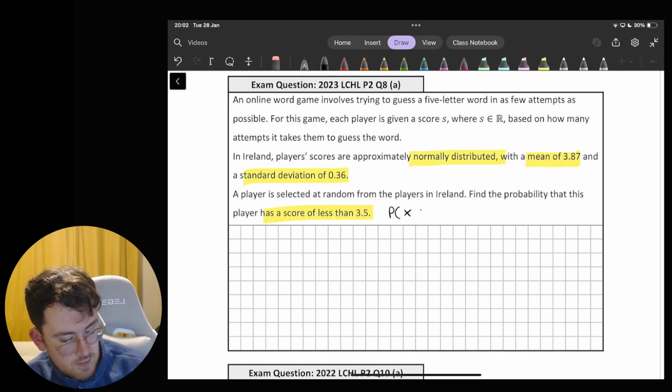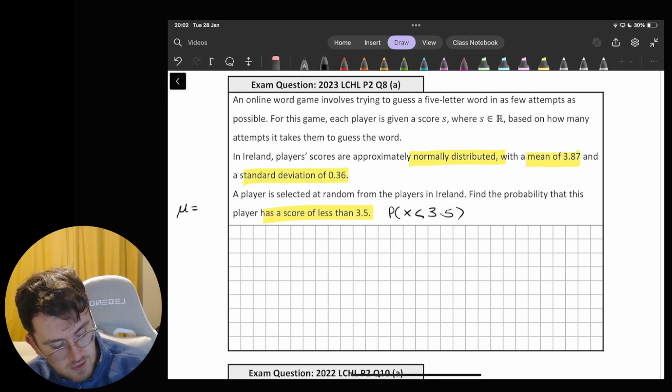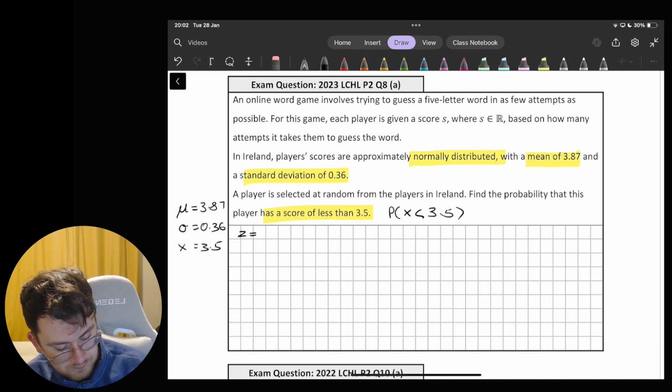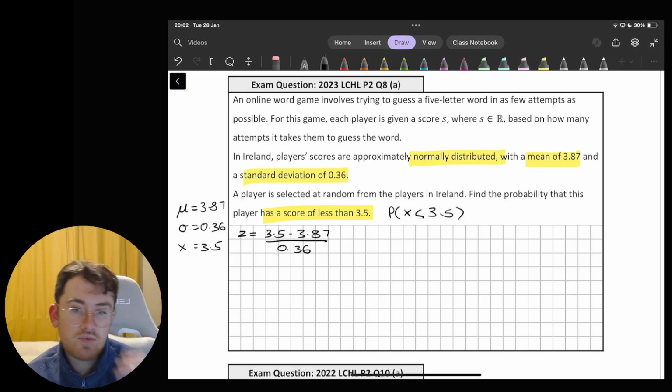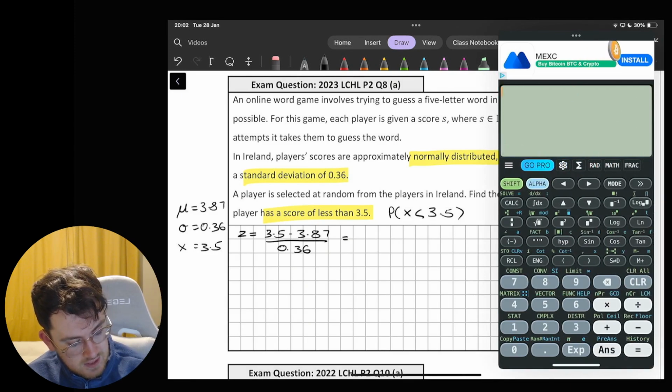So we want the probability that if I pick a person, their score is less than 3.5. We need to convert that to a Z score. Looking at my Z values, I need my mean, which is 3.87, my standard deviation, which is 0.36, and my X value, which is 3.5. Immediately I see that is below the average value for the country, so I'm expecting a negative value and I'll have to adjust for that in my calculation of the Z score.